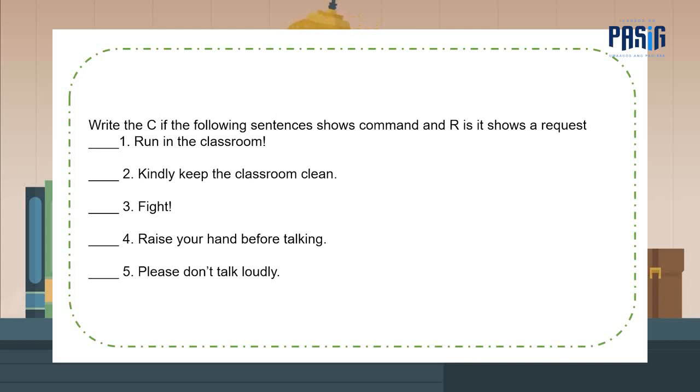Number 1, run in the classroom. Number 2, kindly keep the classroom clean. Number 3, fight. Number 4, raise your hand before talking. And number 5, please don't talk loudly.